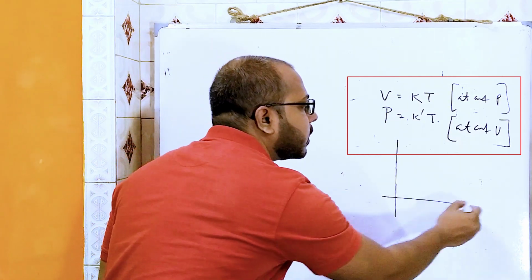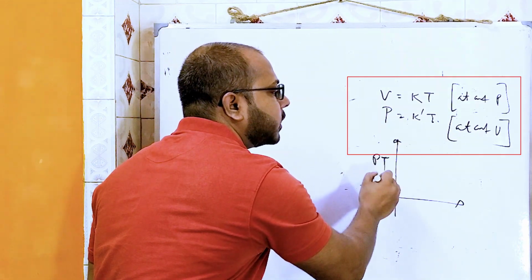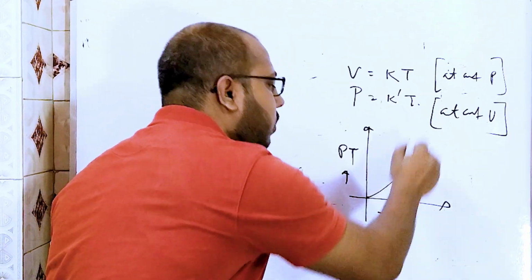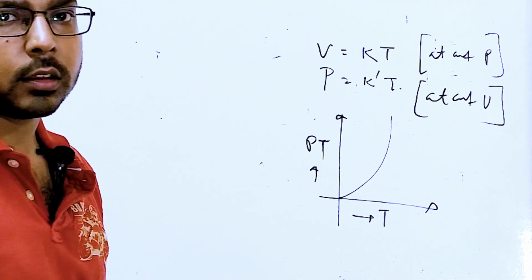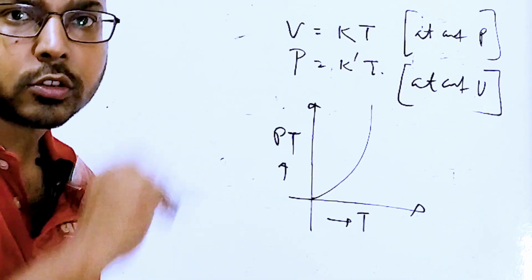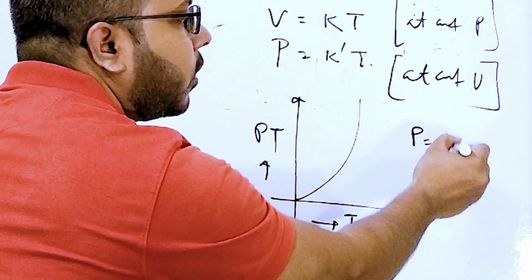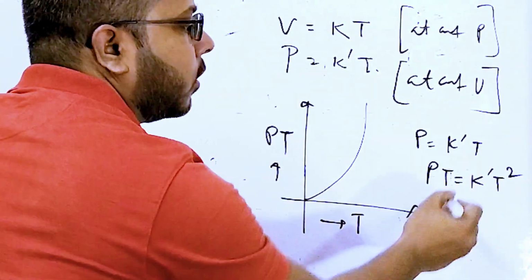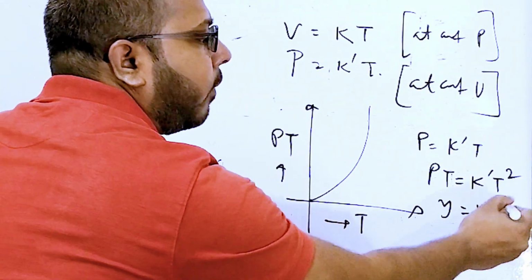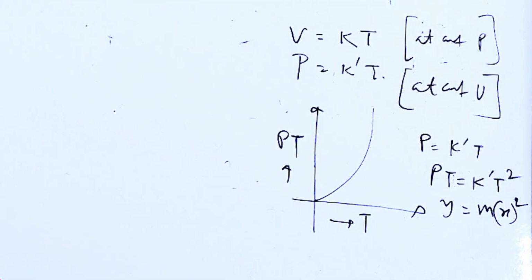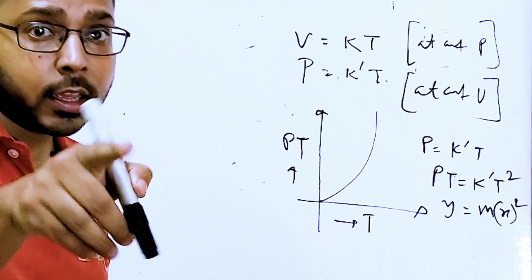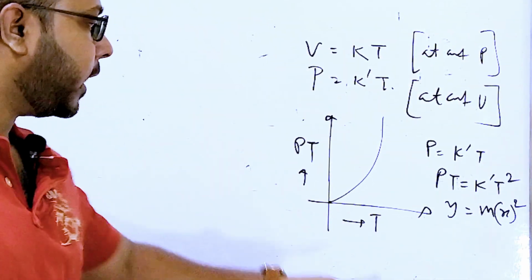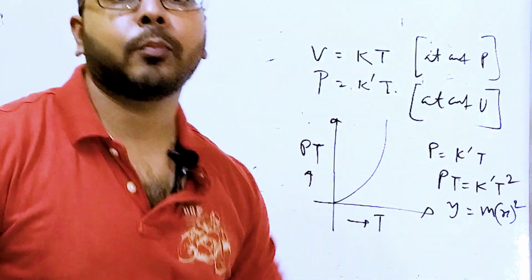So if someone is asking you what is the nature of Pt versus T, then it is also parabolic, because Pt equals to this one, so y equals to mx square, because here x is not T square. If x is T square, then it would be a straight line. But if x is T, then it would be parabolic in nature.